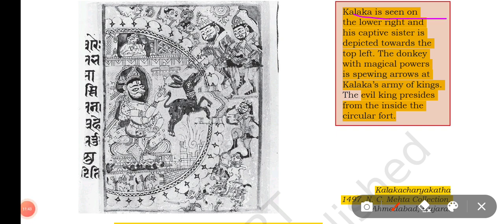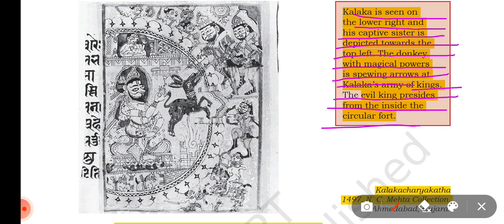Kalaka is seen on the lower right and his captive sister is depicted towards the top left. The donkey with magical powers is hurling arrows at Kalaka's army of kings. The evil king presides from inside a circular fort.